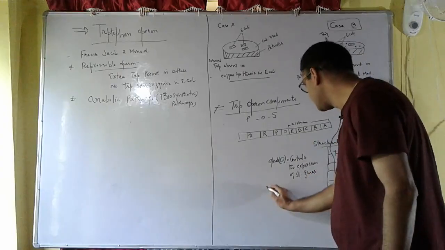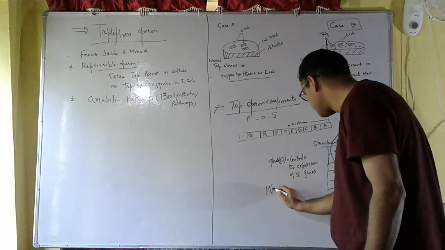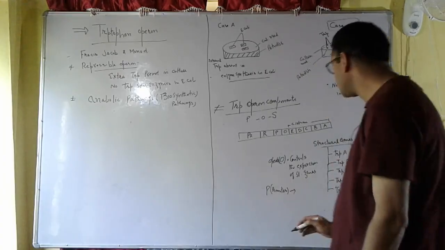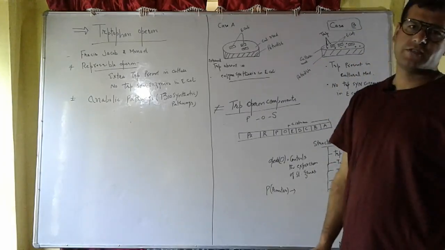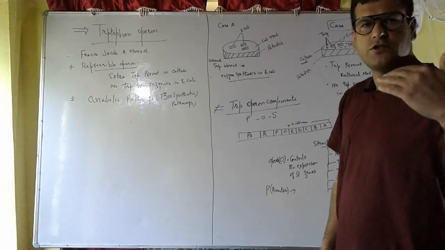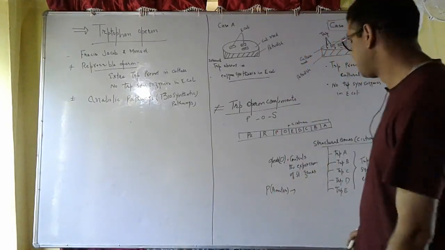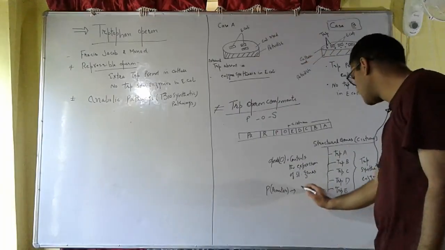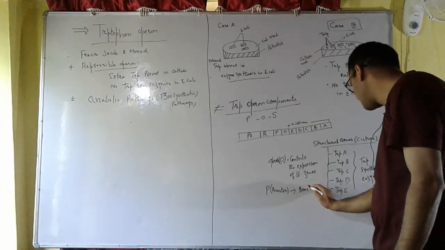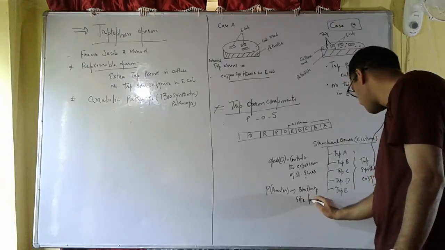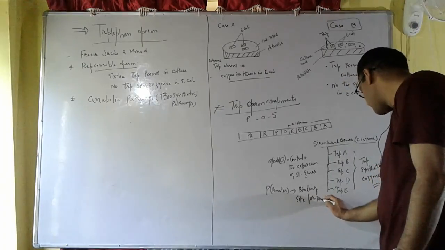Then we have P, the promoter. It is the binding site for RNA polymerase. That means RNA polymerase binds to the DNA at a specific site called the promoter.